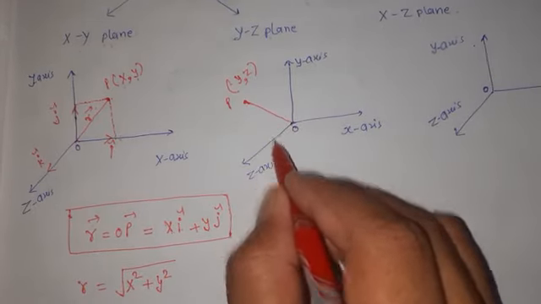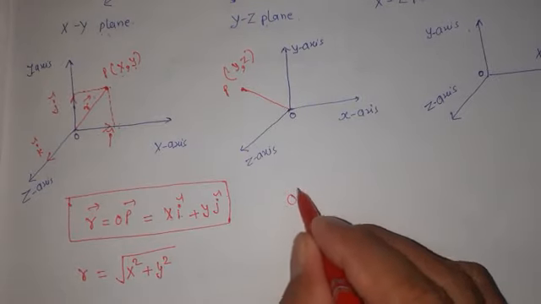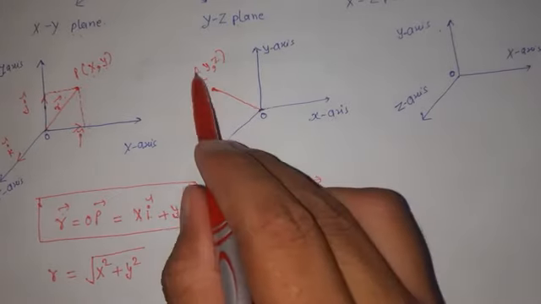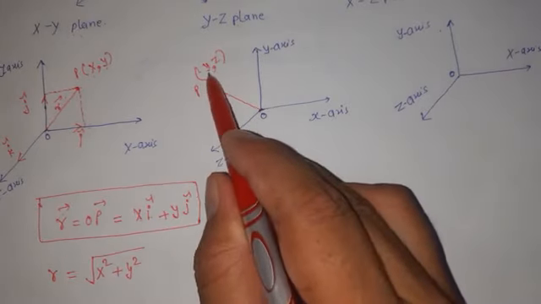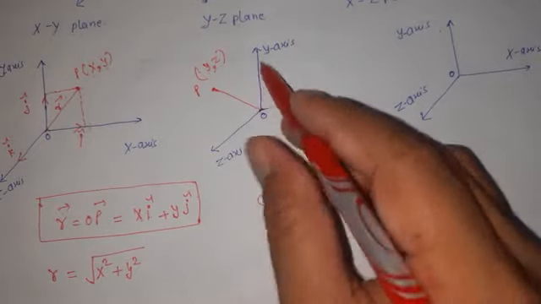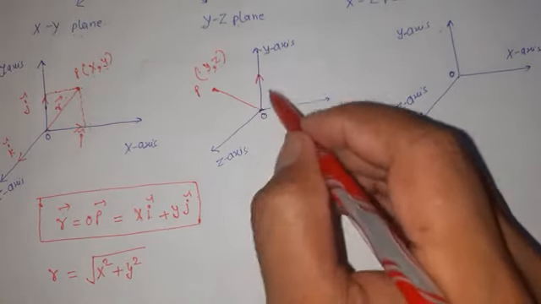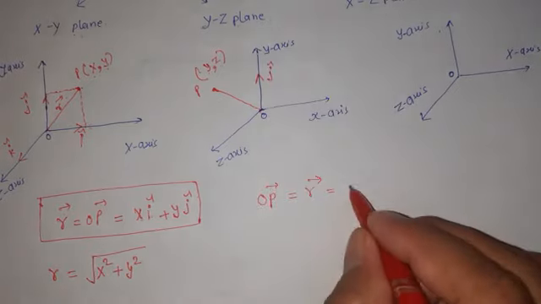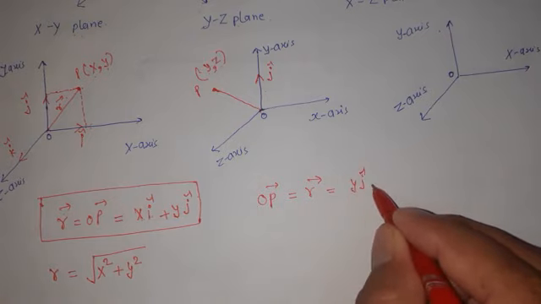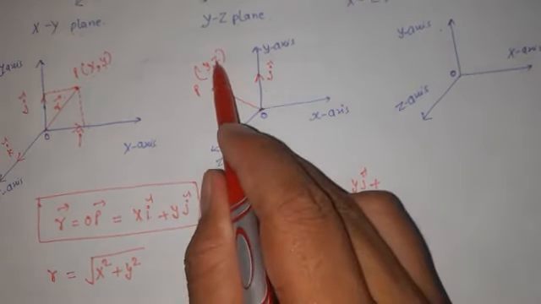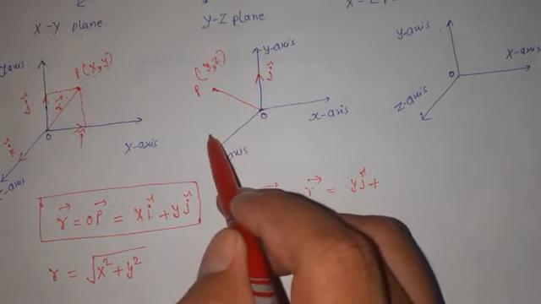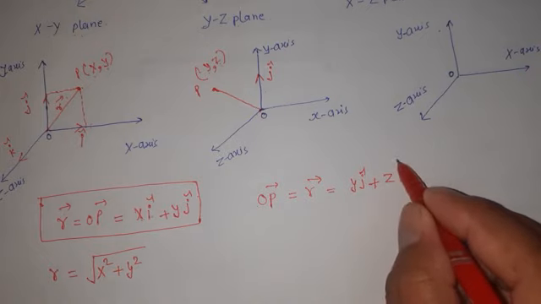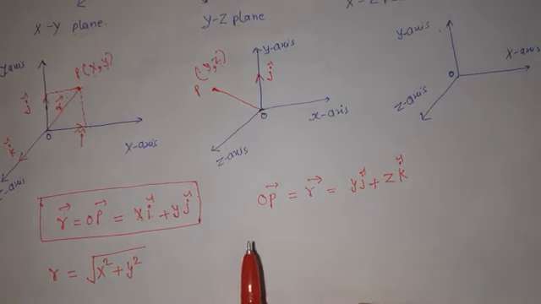Let it be the r vector, which is equal to y, which is along the y axis, given by the j unit vector, so y j, plus z, which tells us its position on the z axis, with its direction given by the k unit vector, so z k.